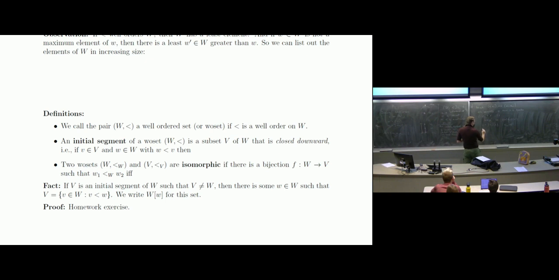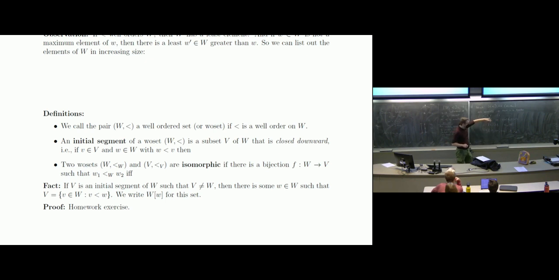And then something isomorphic to it, well, it's a bijection, so it has to have 3 elements. 10, 100, 1,000, also under the element relation, which is the standard less than relation restricted to this set. So these two sets are actually isomorphic as orders, via the isomorphism where 0 goes to 10, 1 goes to 100, 2 goes to 1,000.